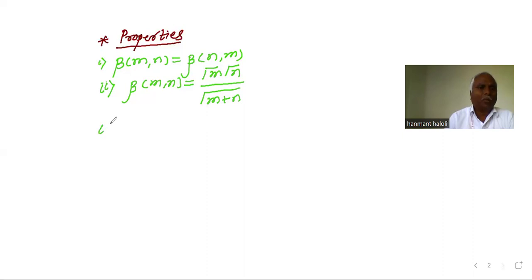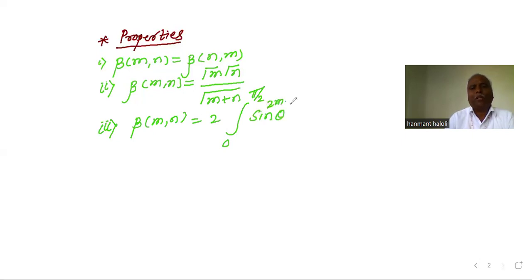Now, the third property: the beta function can also be converted into trigonometric form. Beta m n in terms of trigonometric functions can be written as 2 times the integral from 0 to pi by 2 of sine theta raised to 2m minus 1 and cos theta raised to 2n minus 1 d theta.